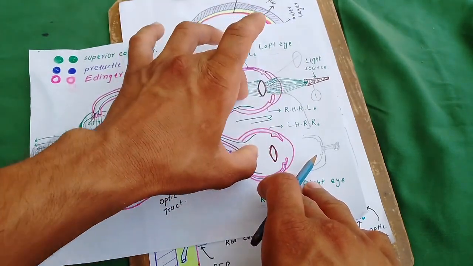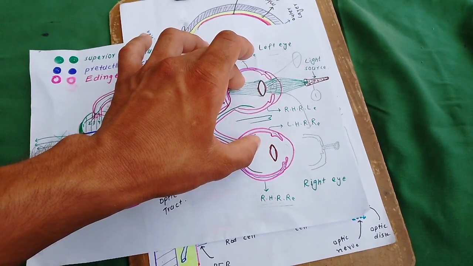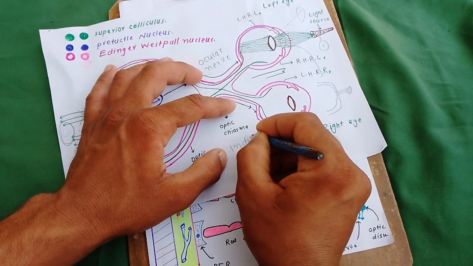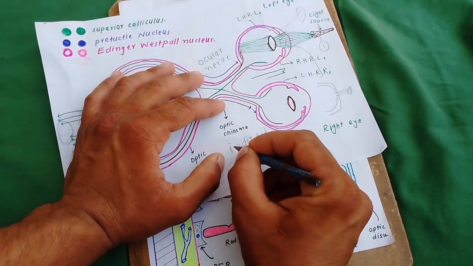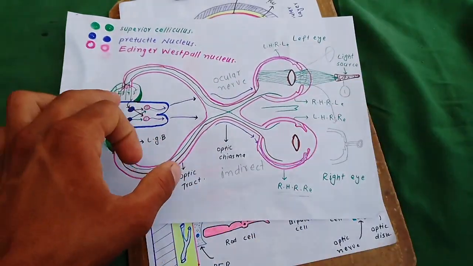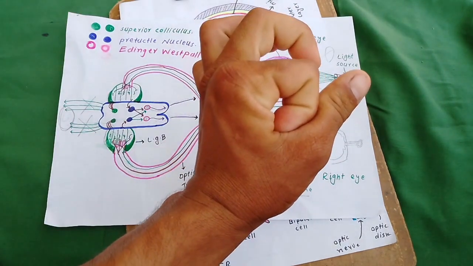This light reflex is called the indirect light reflex. What is meant by the indirect light reflex? It is the type of light reflex in which light falls on one eye and in response both pupils contract.